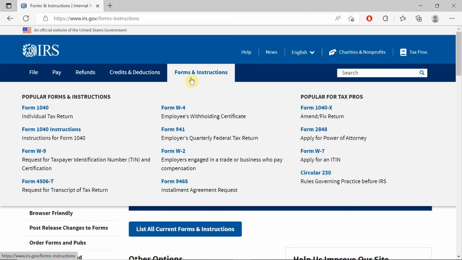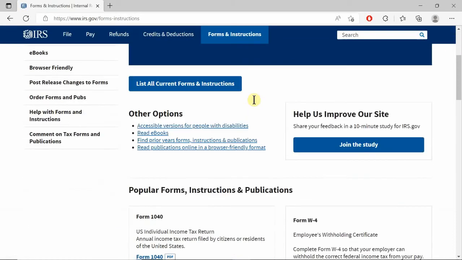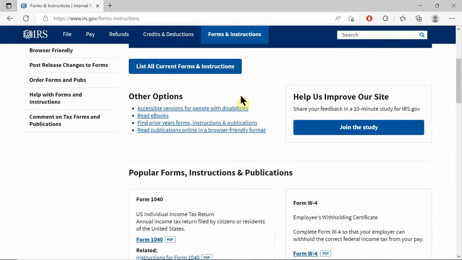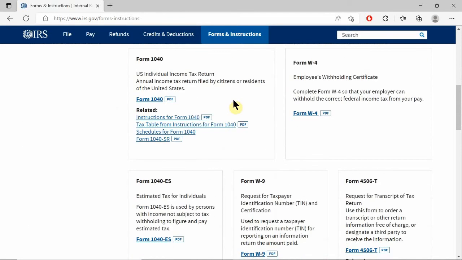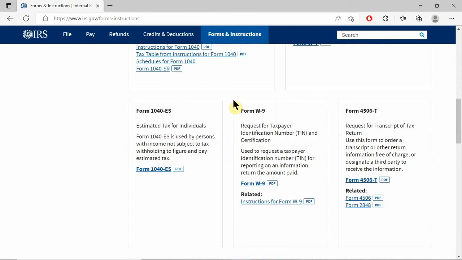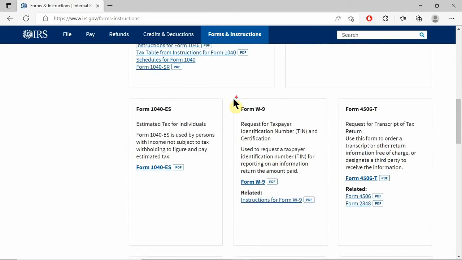So there's your form for W-2, form for W-7, and then of course the very first one is the W-4. You could also click right here, and when you get there, they have an actual form filler that you can utilize for tax purposes.